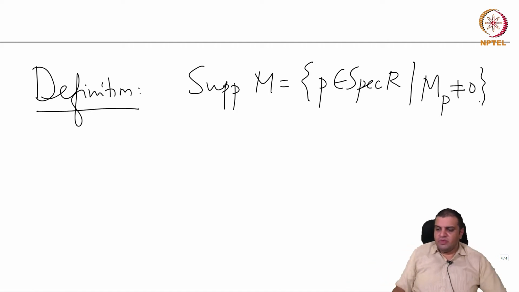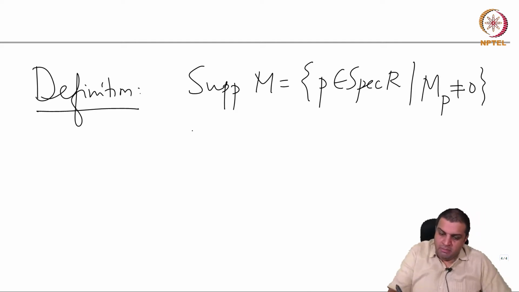Okay. In particular, the annihilator of M must be inside P. Okay. We have not inverted anything. We have inverted elements outside P, and in this case we have not inverted anything that annihilates all of the module. Okay. So this is what support of M is.